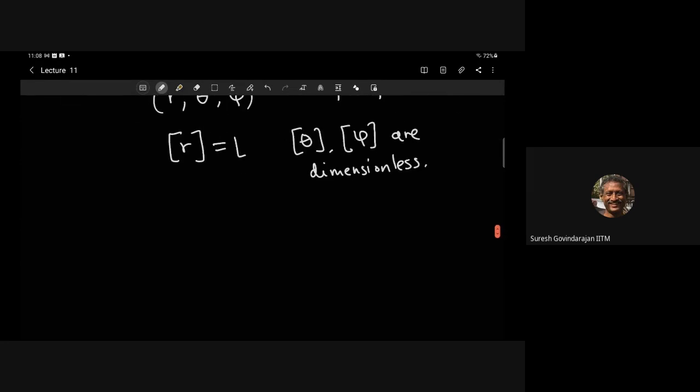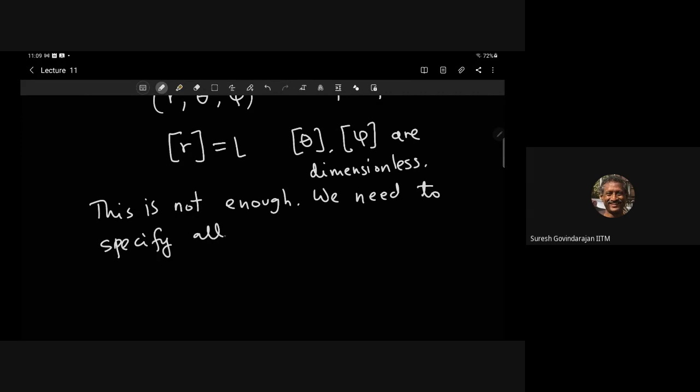So you can do this, but we are not done. We have to tell you the range. This is not enough. We need to specify all possible values, all allowed values rather.